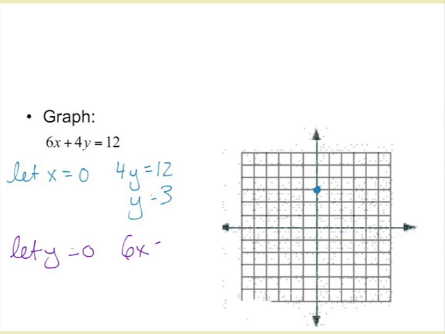Cover up or ignore that. 6x is 12, so x is 2. On our x-axis, put a point at 2. So connect the dots. Questions on standard form?